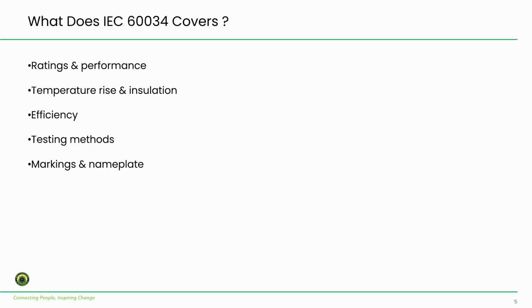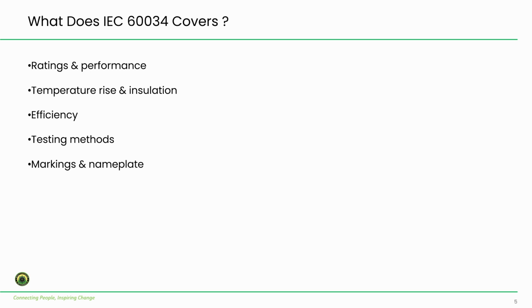So as I said in the previous slide, IEC 60034 covers ratings and performance. That means it covers rated voltage, current, power and speed, temperature rise and insulation classes, efficiency and losses. Tolerances are given on these efficiency figures.